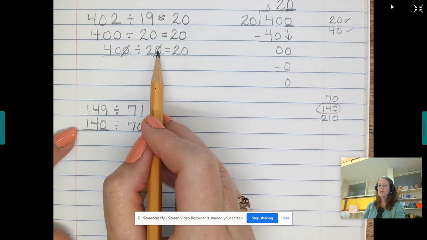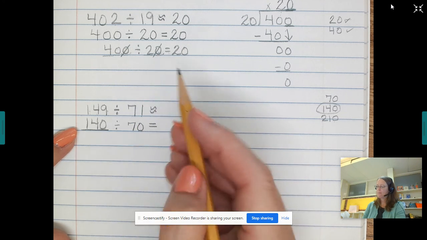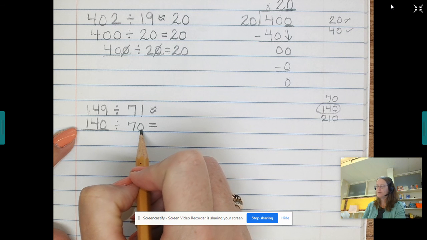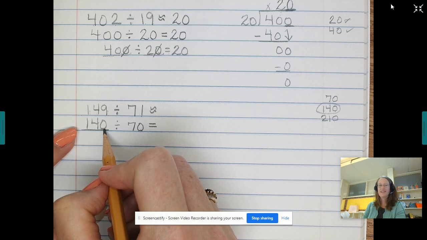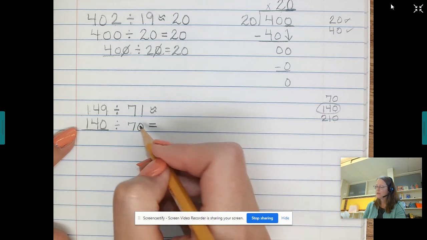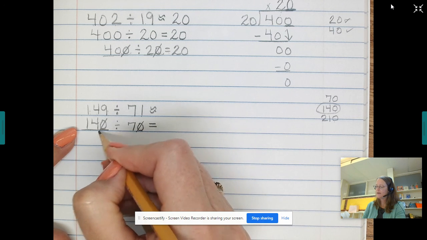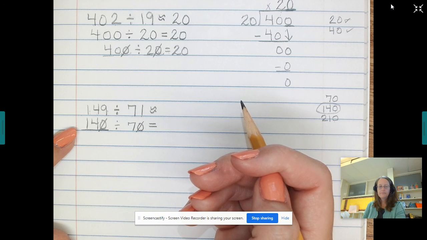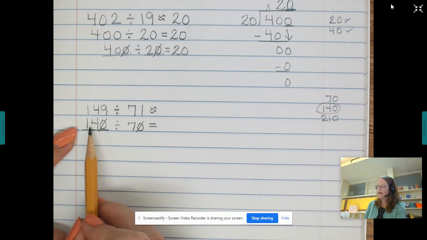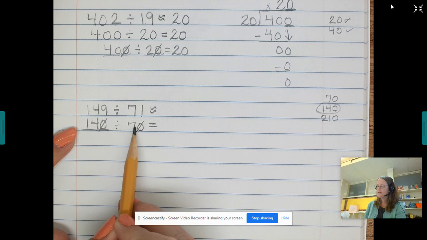Let's remember our trick from up here. If I have a 0 in the divisor and a 0 in the dividend, they cancel each other out. So divide by 10, divide by 10. And now all I have is 14 divided by 7.